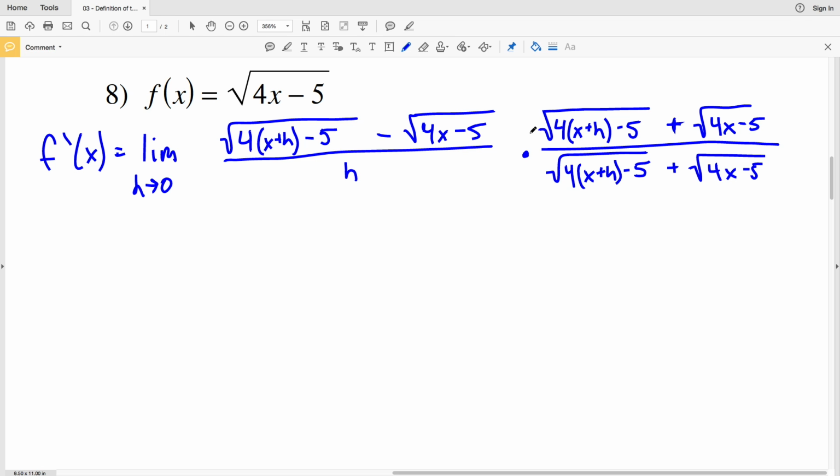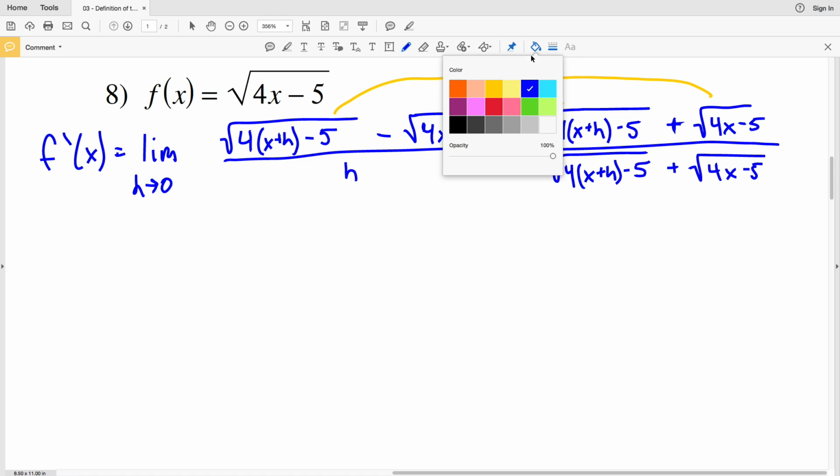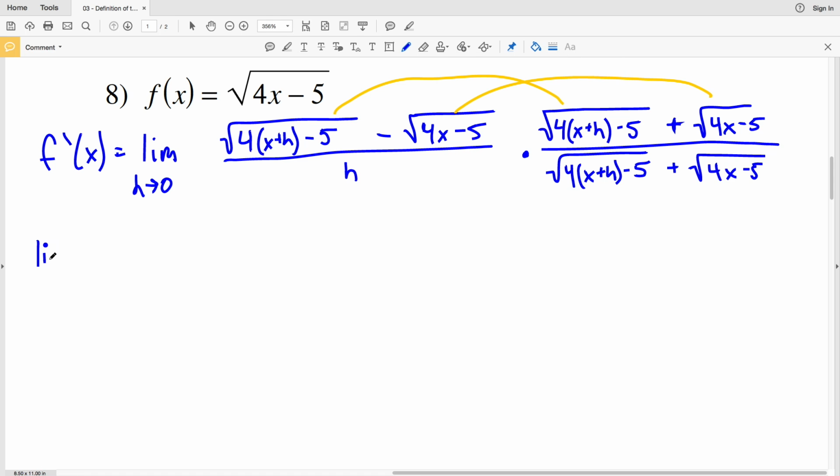Now, when multiplying by the conjugate, you can think of that as a minus b times a plus b, which is going to be a squared minus b squared. So when foiling, those outside and inside terms will cancel each other out. So we just need to multiply the first terms and the last terms. So we're going to have the limit as h approaches 0 of the square root of 4 times x plus h minus 5 squared.